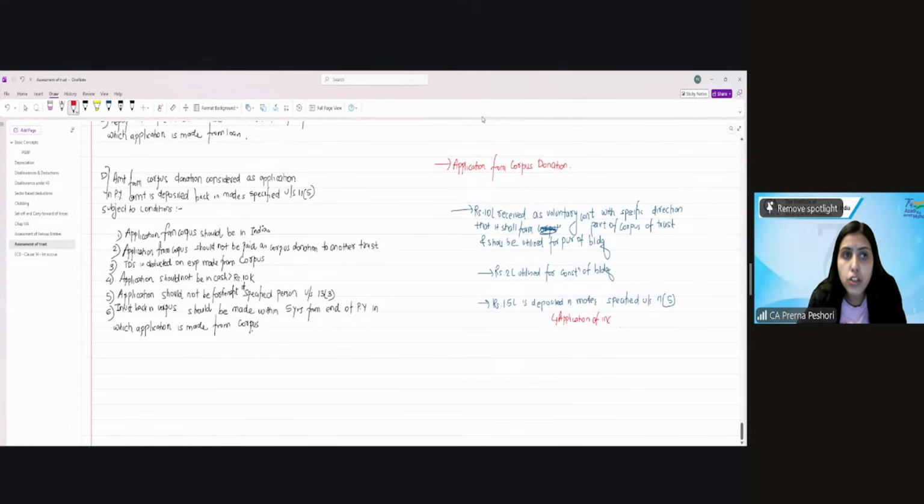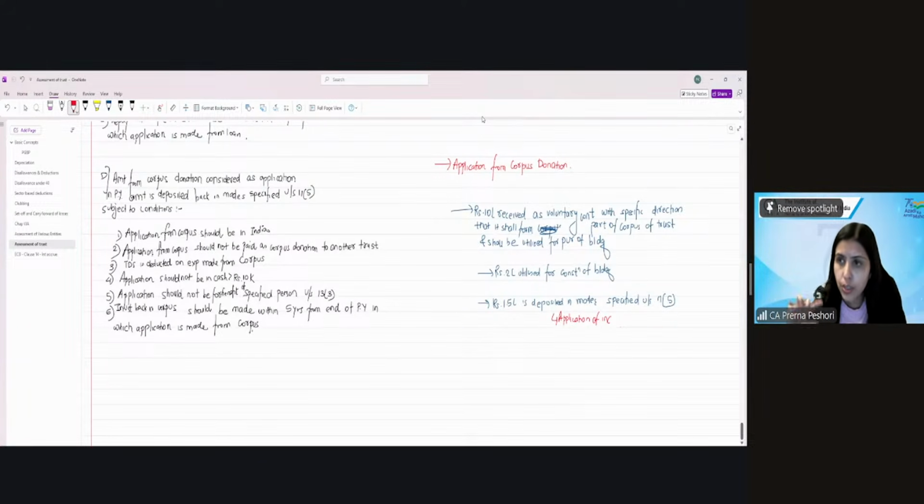Donation to any other trust. If we make the donation to any other trust which is registered either under 12AB or under 10(23C), irrespective of the object of the trust, it is considered as the application.